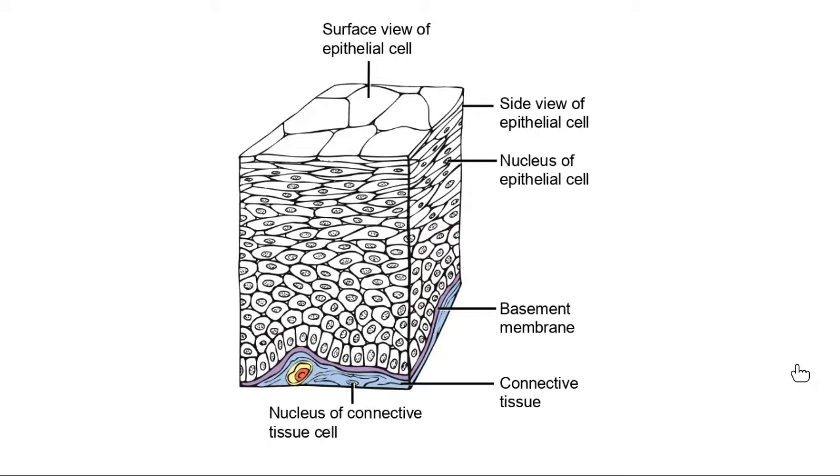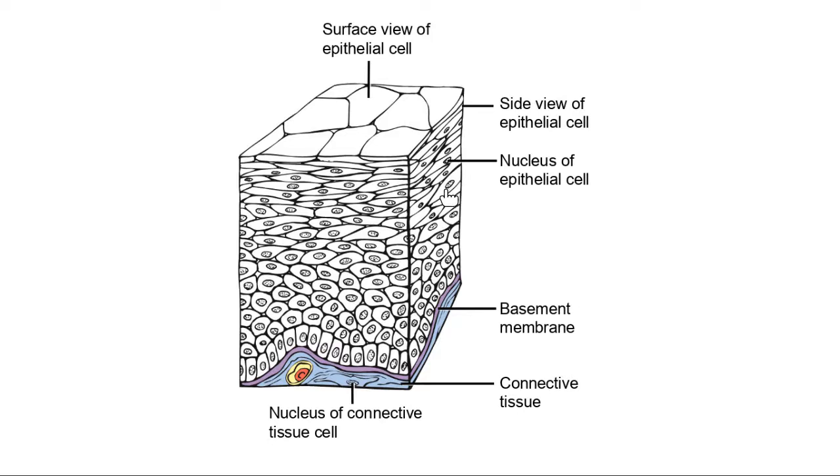The next part is about the tissues. In our body, we have four major tissues. The first tissue is called epithelial tissue, which covers our body from outside, and it can line the body cavities. The other one is connective tissue, and after that we have nervous and muscle tissues, which you will learn about in the next part of this semester.